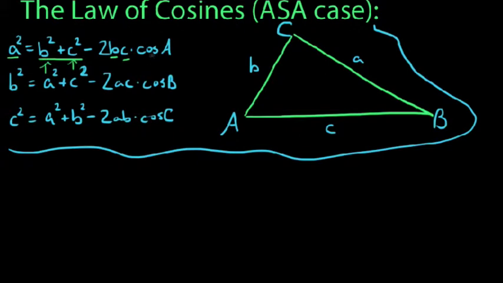You'll notice that we're taking the cosine of A on this first one. Whatever angle this is, angle A, must be the corresponding side length, or opposite side length, on the left. So if we started the formula with a squared, we're ending with cosine A. If we started the formula on the second one with b squared, we're ending with cosine B. Just start to think about why these formulas appear the way they do.